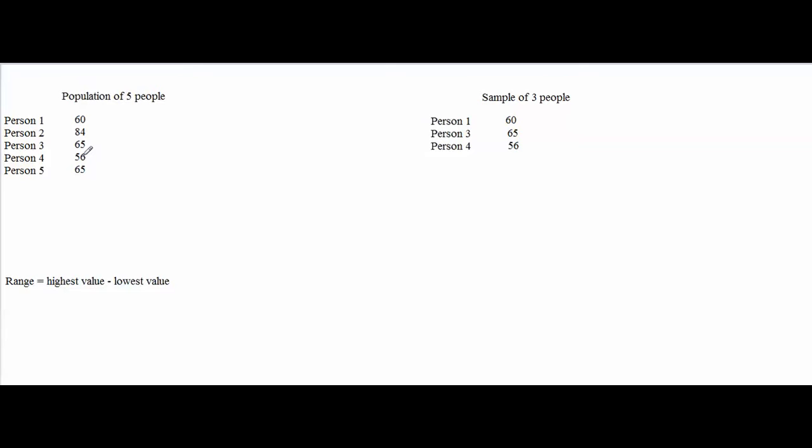The tallest person in the family is 84 inches tall, and the shortest person is 56 inches tall. So the highest value is 84, and the lowest value is 56. If we subtract 84 by 56, we get 28. So the range of the entire population is 28.